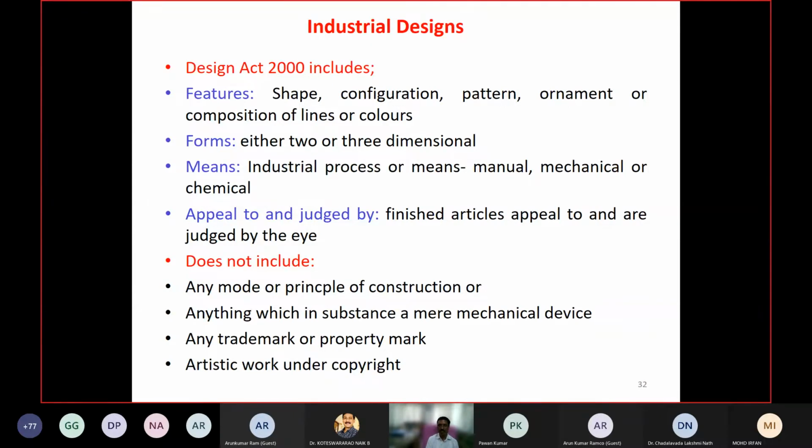Similarly, at railway stations, in many places the Indian Railways logo is embossed on the chair, on the pillar, on the fan, and on many materials. That is a property mark. It means this property belongs to Indian Railways, but that property mark cannot be taken as equivalent to a trademark.